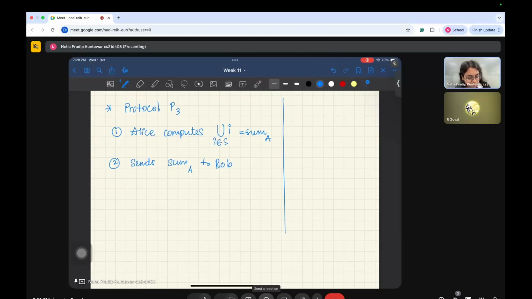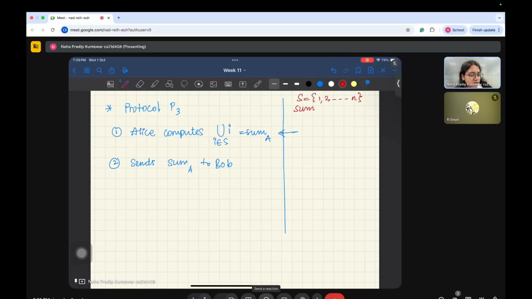In the worst case, it would be requiring log of n number of bits to be sent. Actually, that is not correct. For the sum of any subset, the maximum sum is when, let's say, S is full. So S contains all the elements.